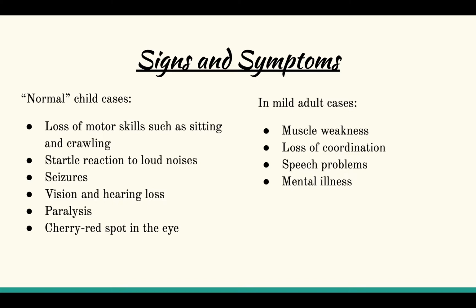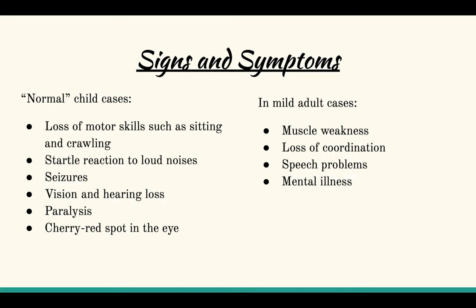Now in mild adult cases, the ones that don't show up until later in life, they don't experience symptoms until a later age. They can experience muscle weakness, loss of coordination, speech problems such as a stutter, and then some mental illnesses. As you can see, these symptoms are not quite as severe as for the children who experience them in their early years of life.